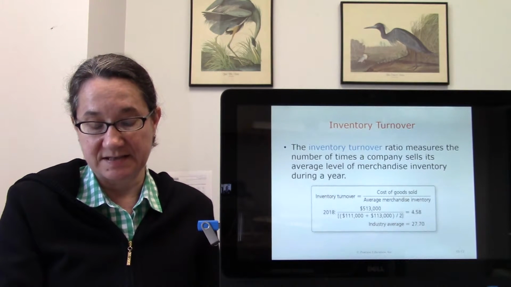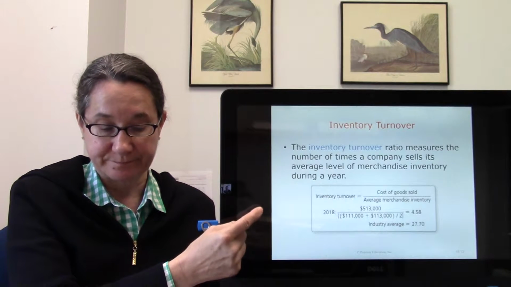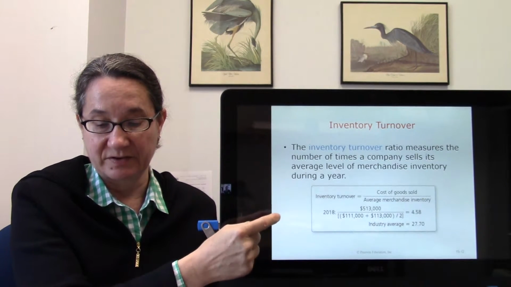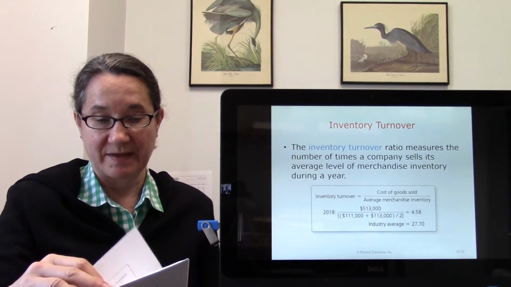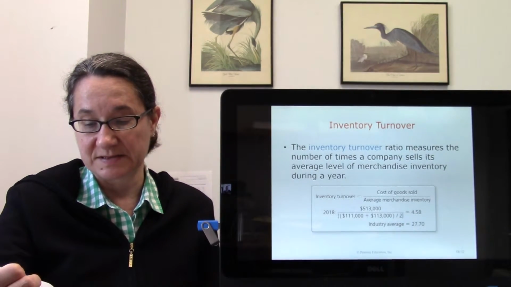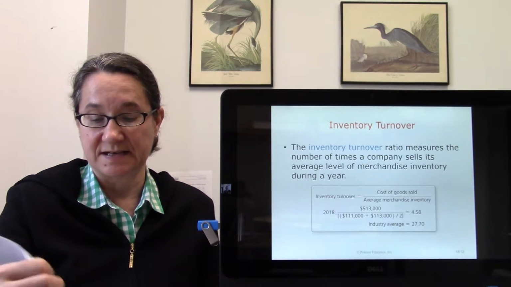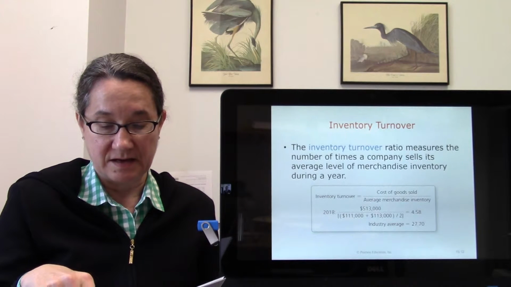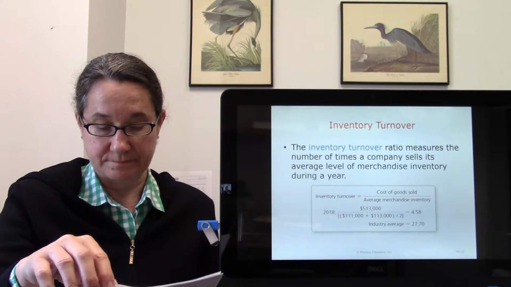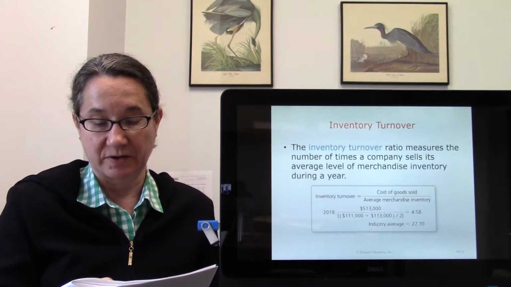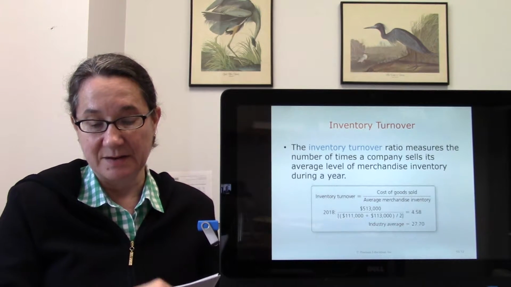So if you look at this example company in 2018, their cost of goods sold for 2018 was $513,000, which you got from that income statement. Then they take the average merchandise inventory, which is the beginning and ending merchandise inventory.